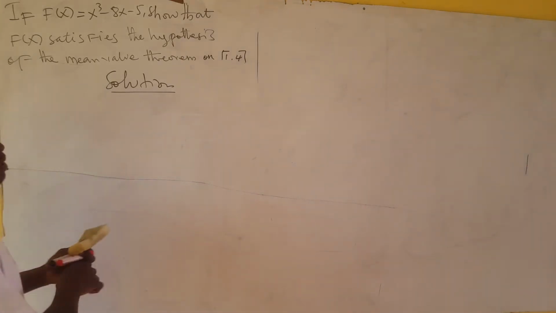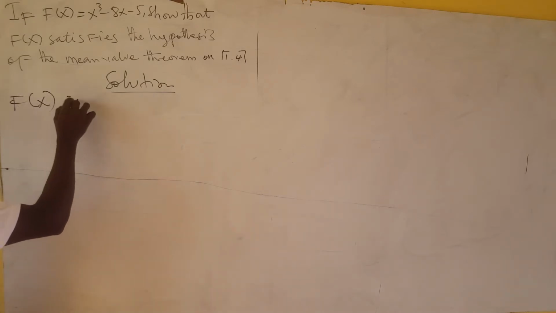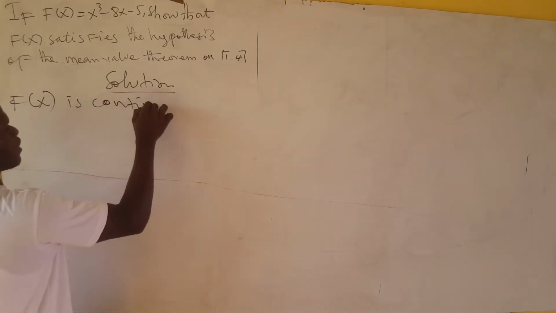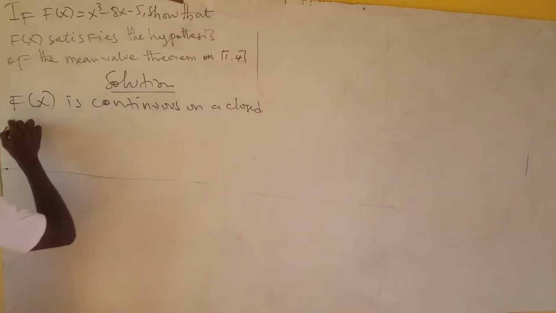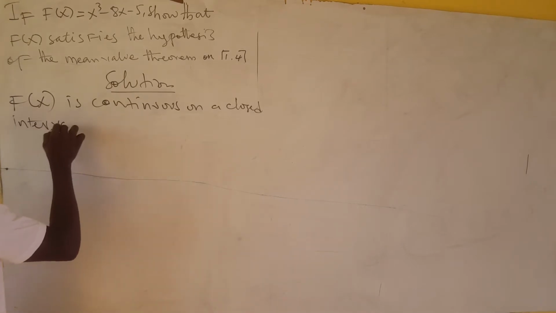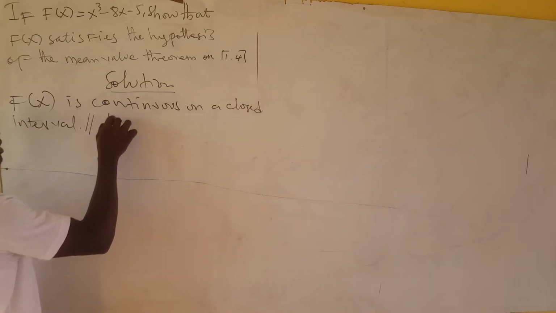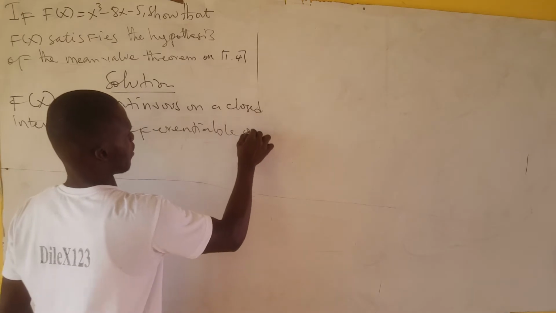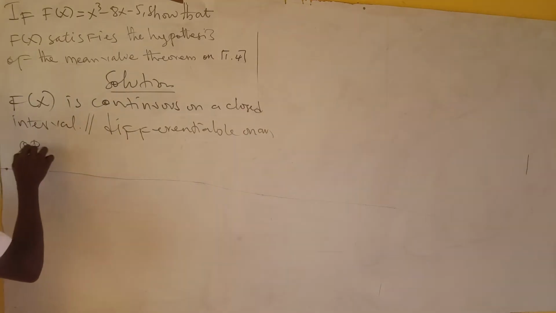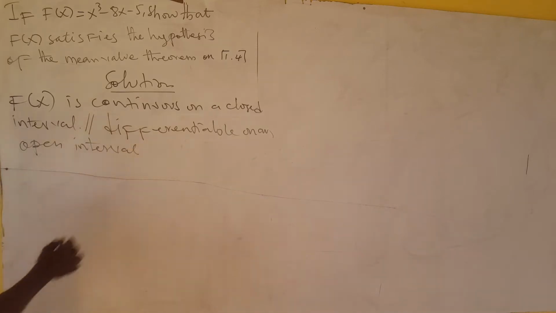Good. So the mean value theorem states that if a function f of x is continuous on a closed interval, and that same function is also differentiable on an open interval, then there exists a certain value c.